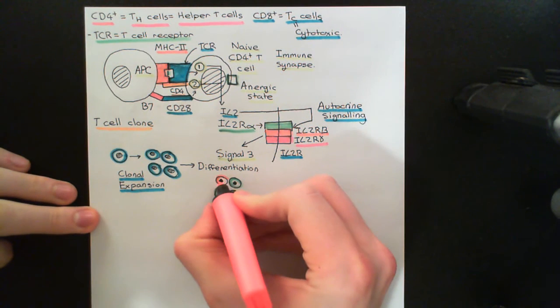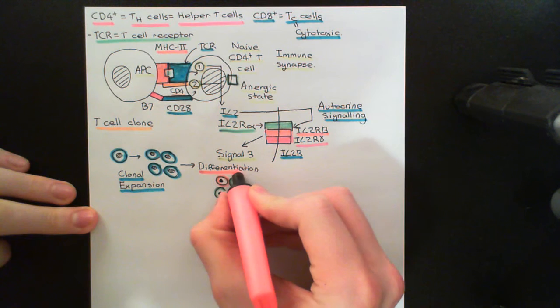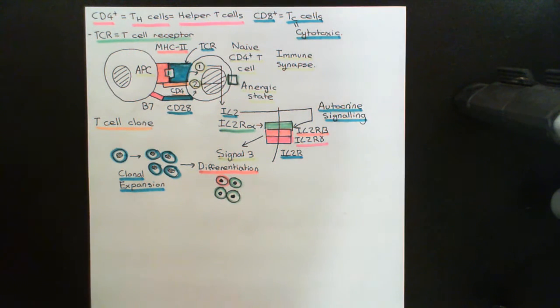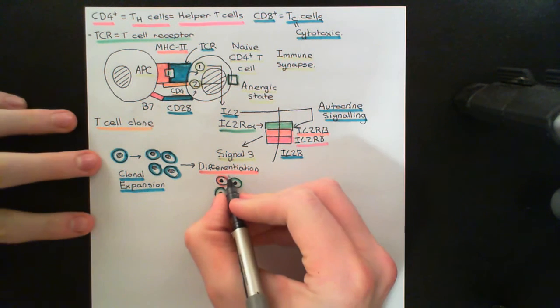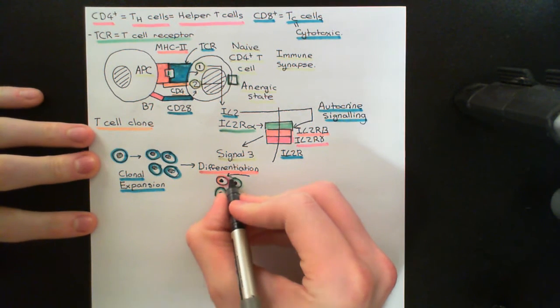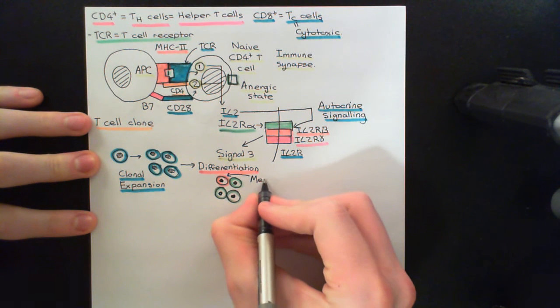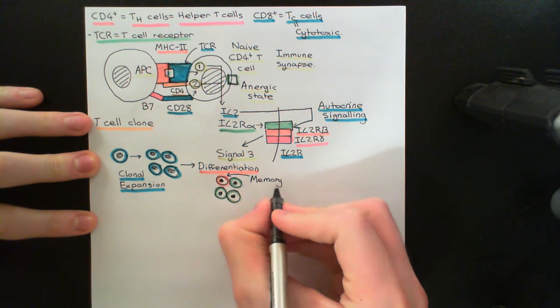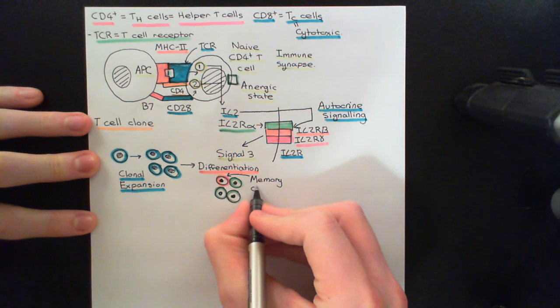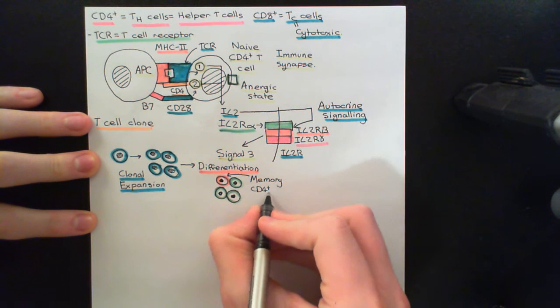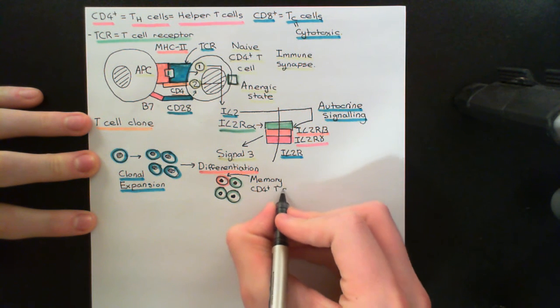So here, this will then be a memory T cell. So we're going to get differentiation here. So let me firstly just discuss the memory T cells and what they're going to be doing, and then I'll come on to discuss the effector T cells. So this is a memory CD4 positive, or you could call it a helper T cell.